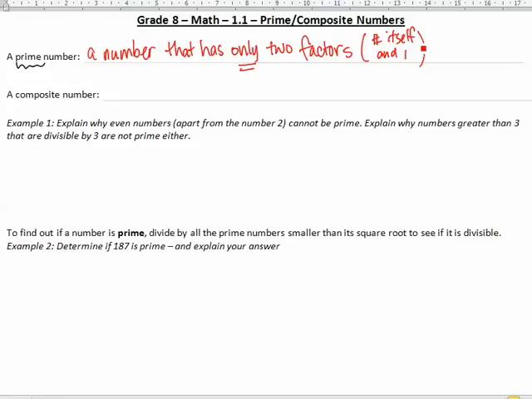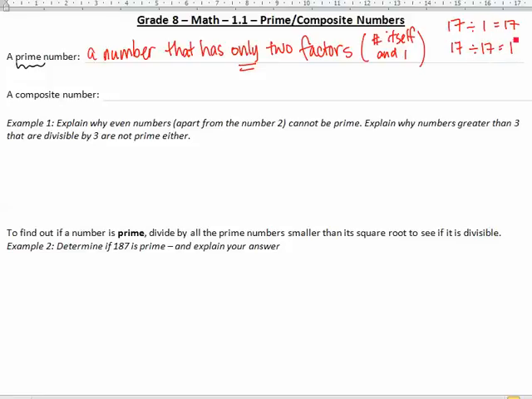So for example, the number 17 is prime because the only numbers that I can divide 17 by and that give me a whole number answer are 1, because 17 divided by 1 is 17, and 17 divided by 17 is 1.